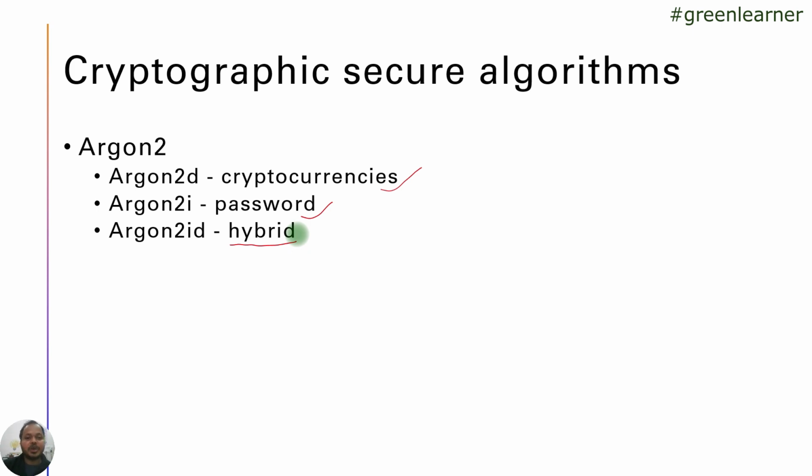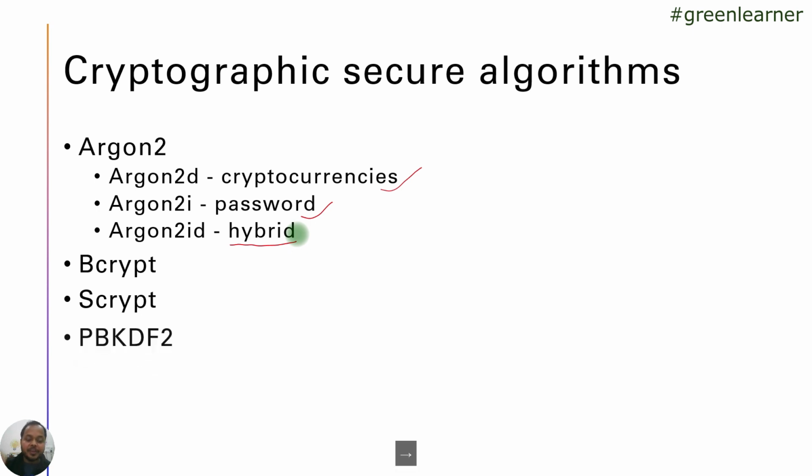Apart from Argon2, if we are somehow not able to use it, the next suggested option is bcrypt. If it is not available, then we can use scrypt. These are the best cryptographically secure hashing algorithms that we can use for different use cases.